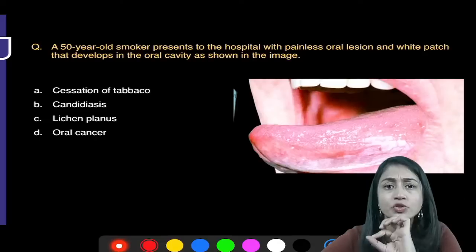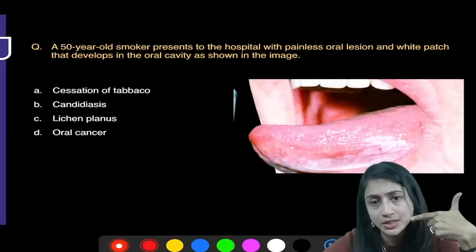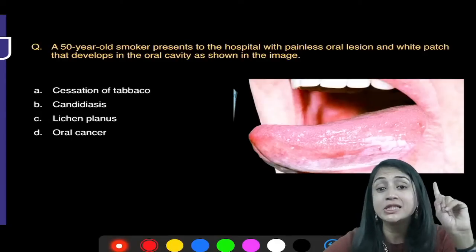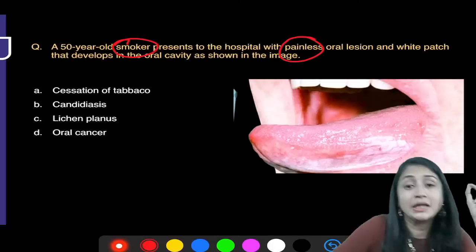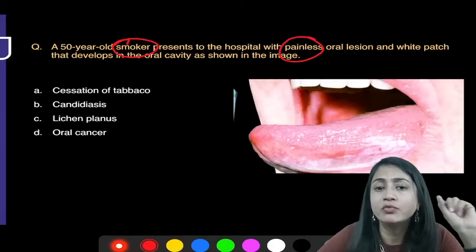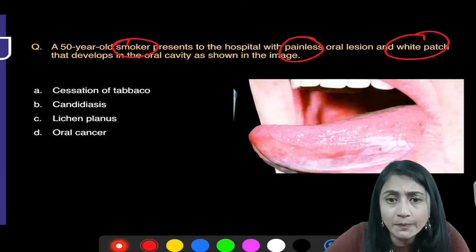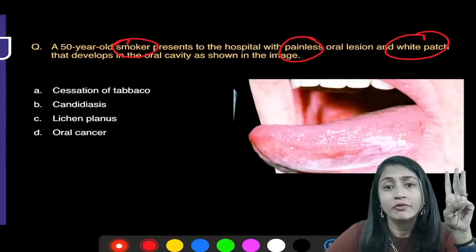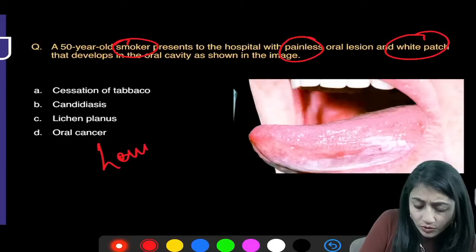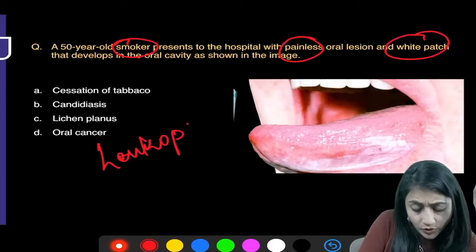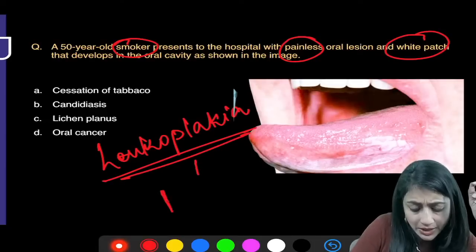So a 50-year-old smoker. Usually when they give you a 50-year-old smoker with some oral lesion which is painless, there are two important things here: smoker and painless oral lesion, and the presence of a white patch. A white patch in a smoker, which is painless, would be leukoplakia.